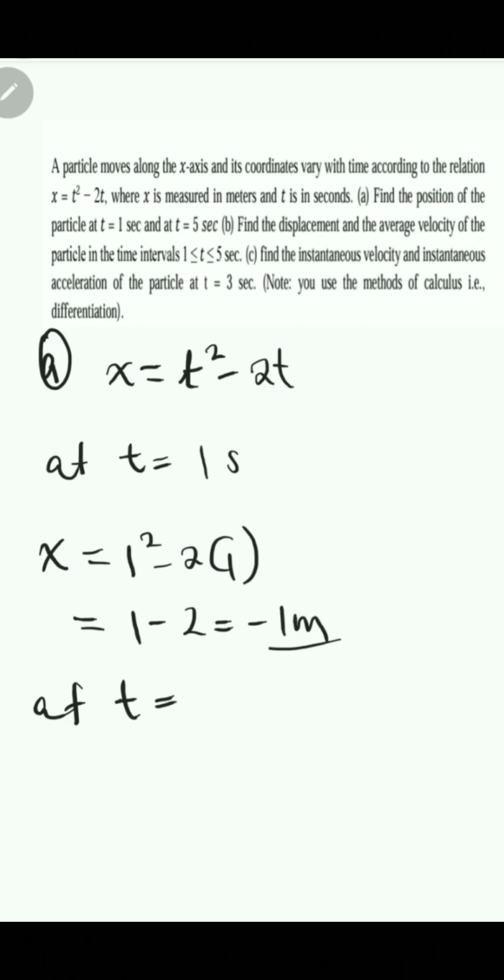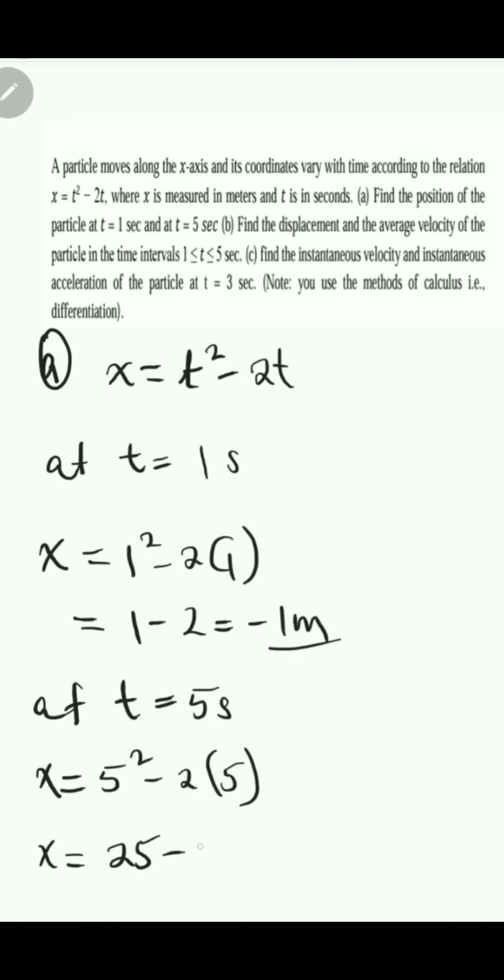Now at t is equal to 5 seconds, let's see what we get. So here, wherever there's t in the function of x, we'll put a 5. So we have 5 squared minus 2 times 5. So 5 squared is nothing but 25.